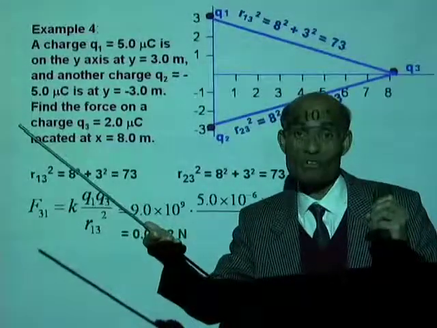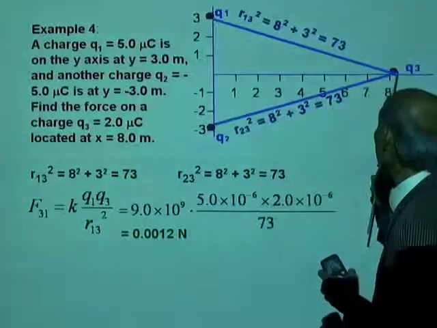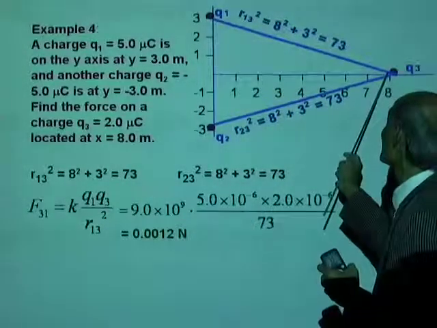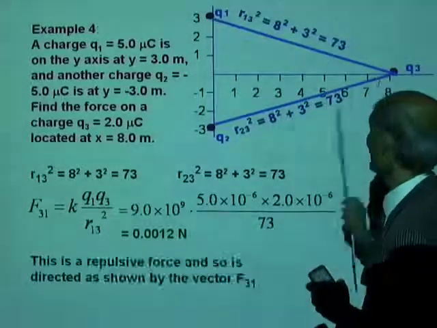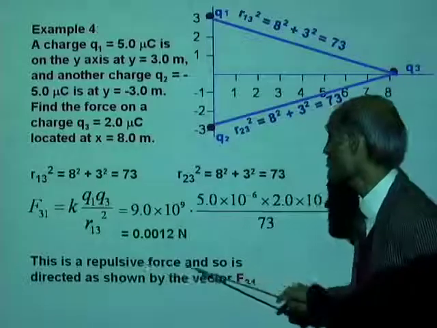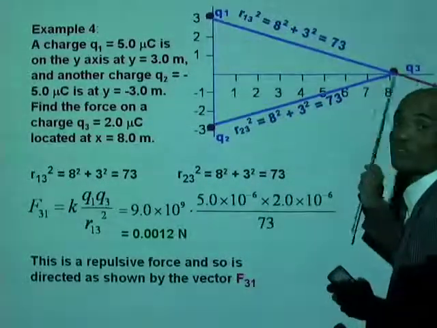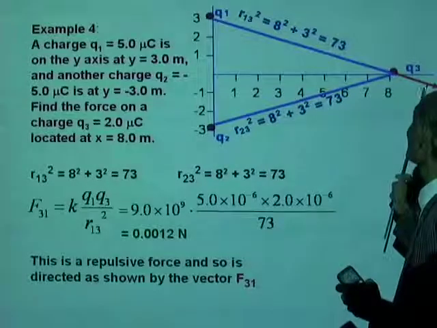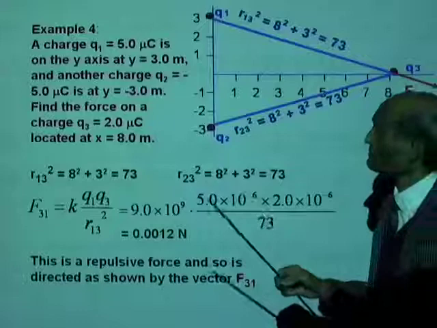They are both positive charges, therefore it will be a repulsive force. The force on Q3 will be directed away from Q1, repulsive force. So this is the repulsive force, and so is directed like this. This is the direction of the force on Q3 by Q1.